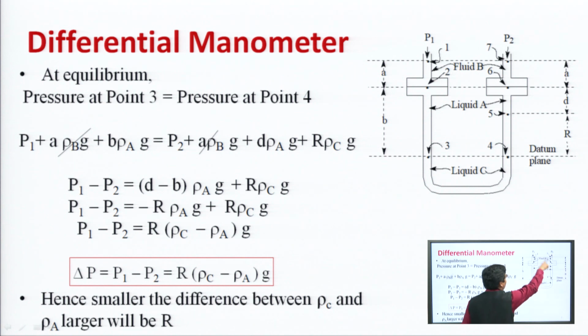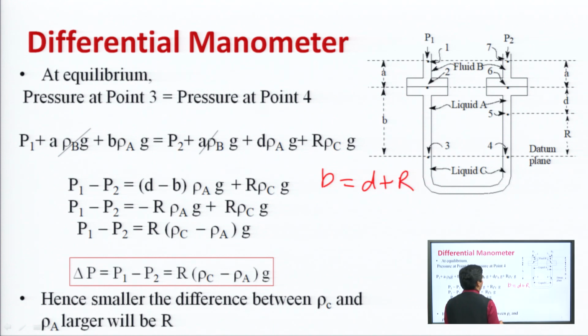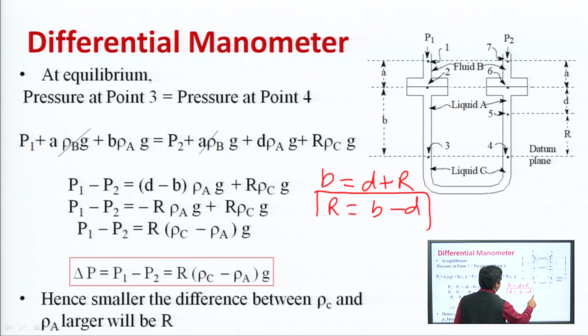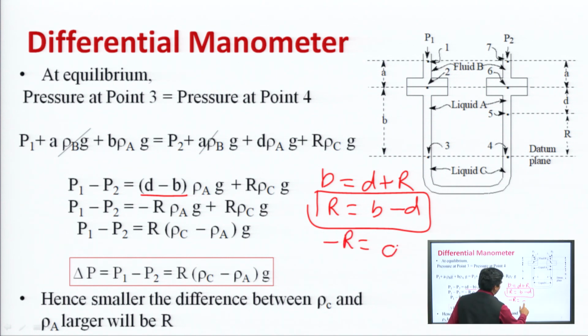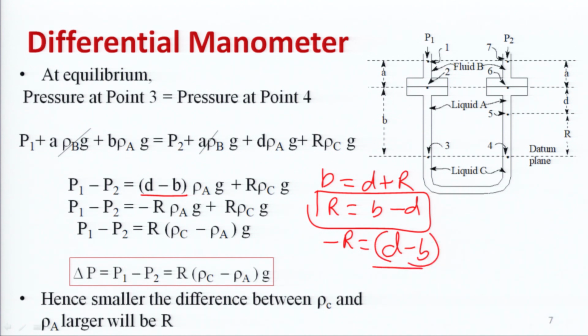From this diagram, it is evident that B is equal to D plus R. So, R will be equal to B minus D. So, here the value is D minus B, so it is again rewritten as minus R is equal to D minus B. Put the value of D minus B into this equation.